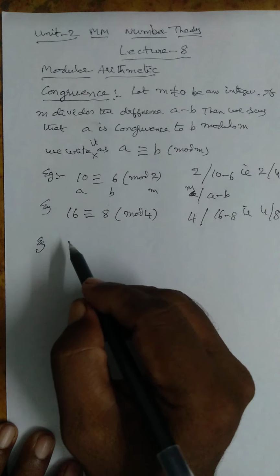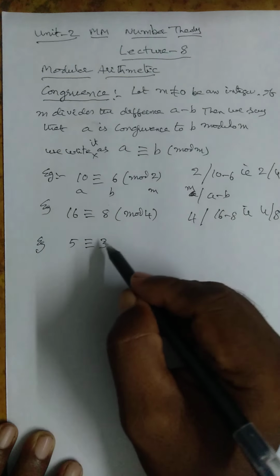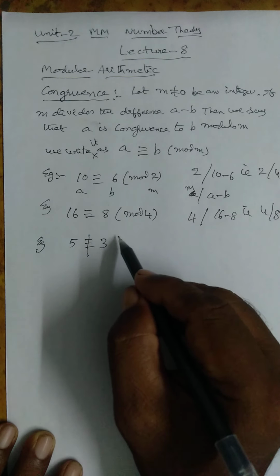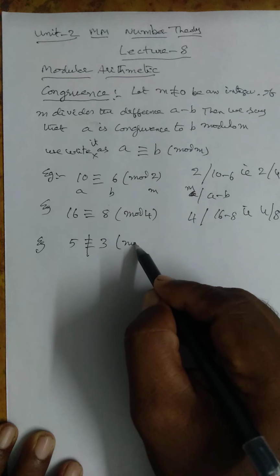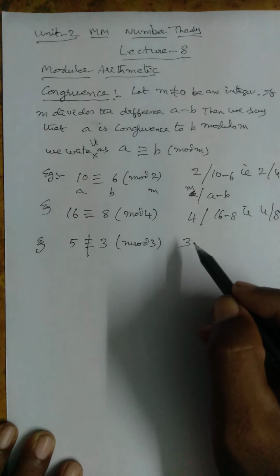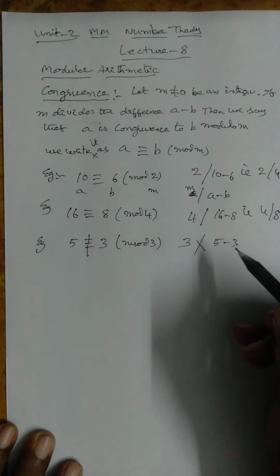Another example: 5 is not congruent to 3 mod 3. 3 does not divide 5 minus 3.